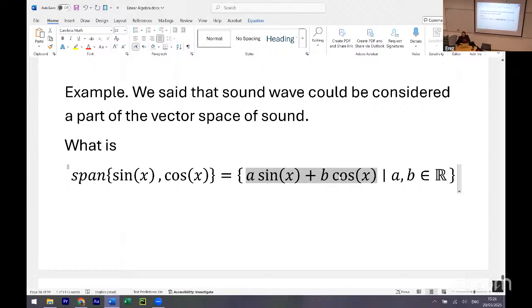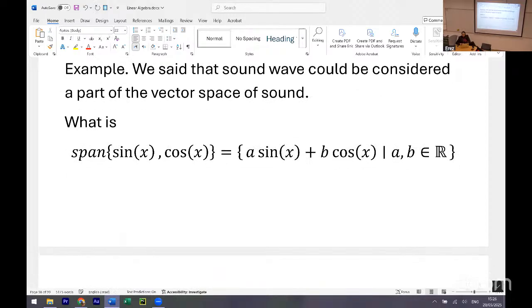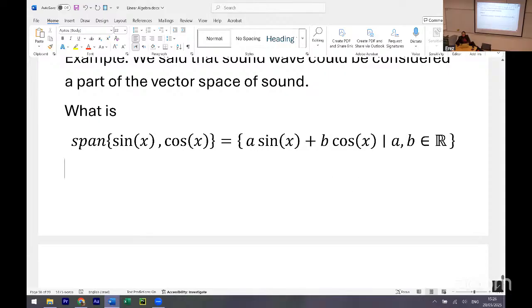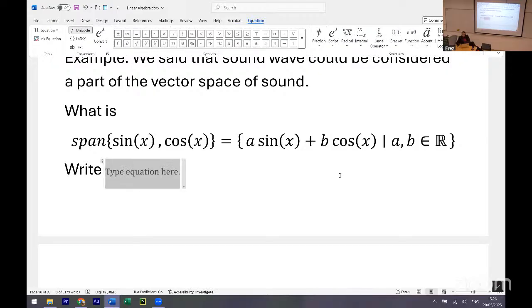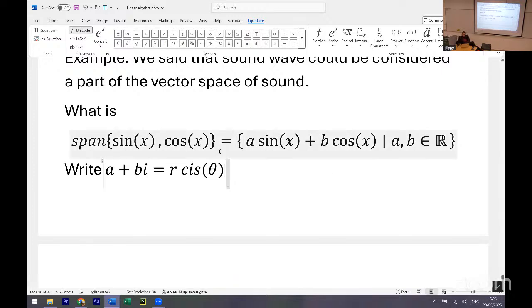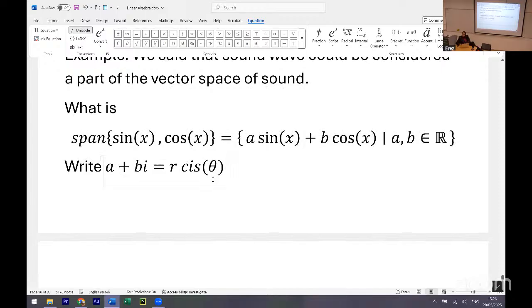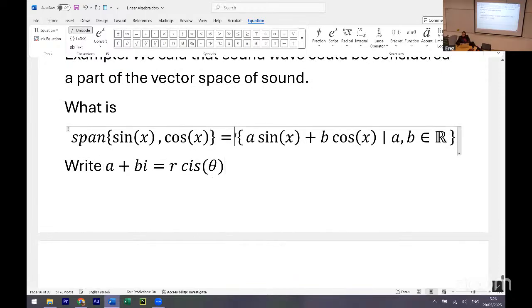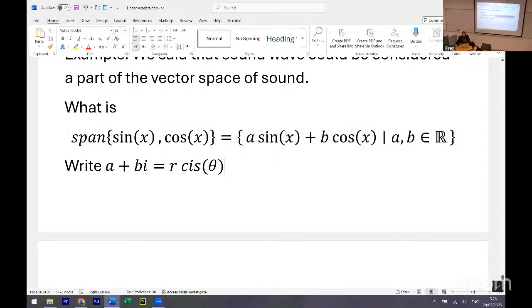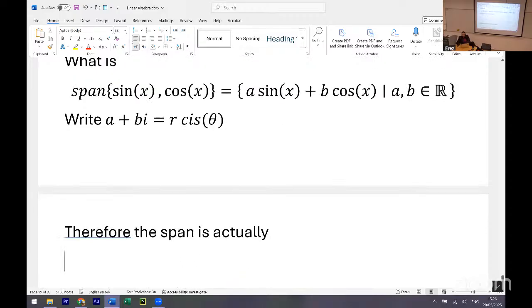First step agreed? Yeah. Now let's do some magic. I don't remember if I showed you this magic specifically, but even if so, I'll write it again. We use complex algebra, complex numbers. a plus bi equals r cis theta. Every complex number we can write algebraically or geometrically. Therefore, the span can be written in the following way.